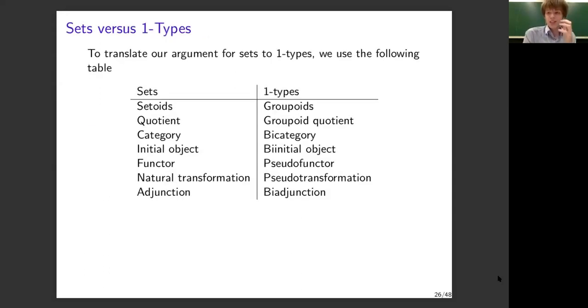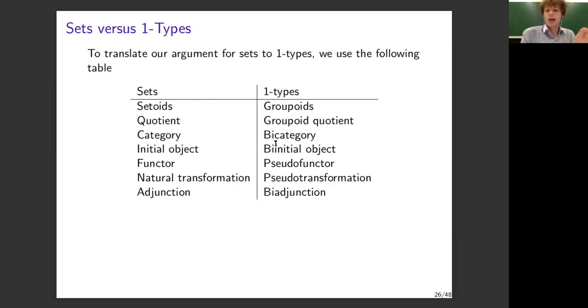Sets themselves form a category, and recall that in homotopy type theory, the morphisms in a category are required to form a set, and this is satisfied by sets, so they form a category. However, for one-types, the morphisms do not form a set, and for that reason, we need to go higher. We should use higher categories: instead of a category, they form a bicategory.